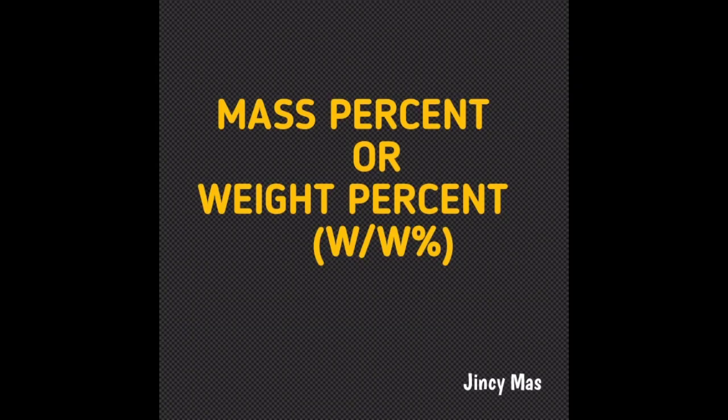Now let's begin with mass percent or weight percent. Mass percent is the amount of solute in grams dissolved per 100 gram of the solution. For example, a 10% solution of NaCl means 10 gram of solid NaCl present in 100 gram of the solution.